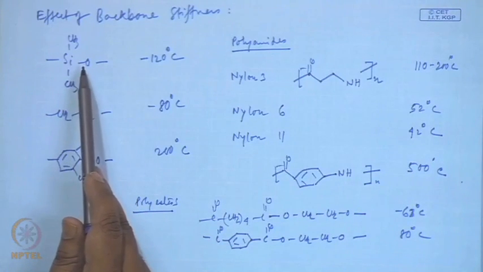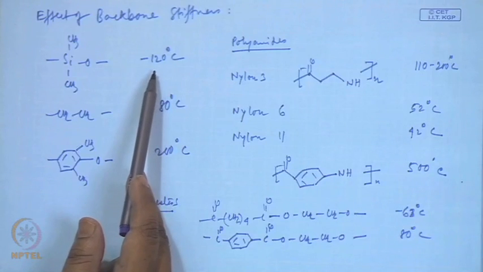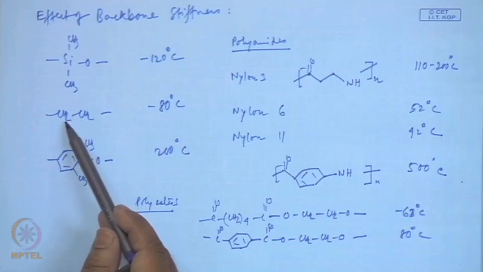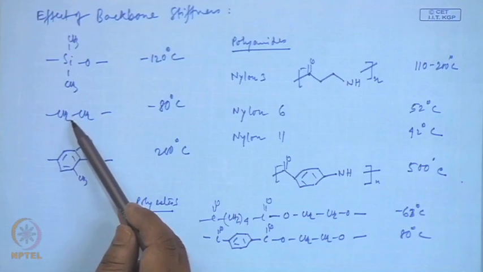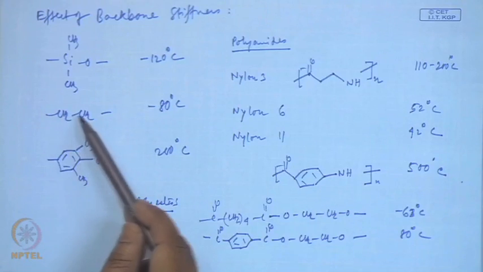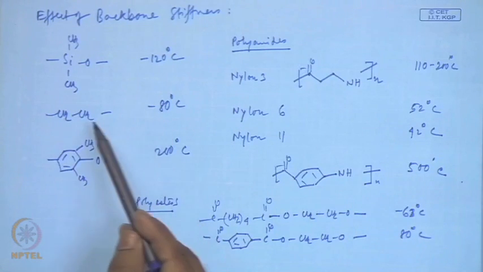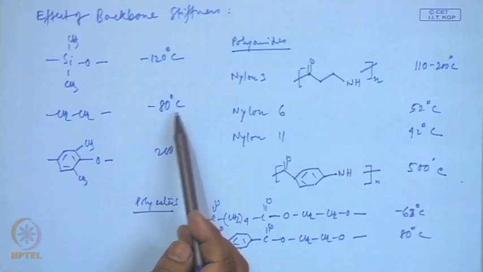Similarly, the silicon oxygen bond is a very flexible bond. So, Tg is very low, minus 120. There are no side groups present, which does not restrict at all the rotation around the single bond. That makes these polyethylene chains very flexible, and Tg is minus 80.